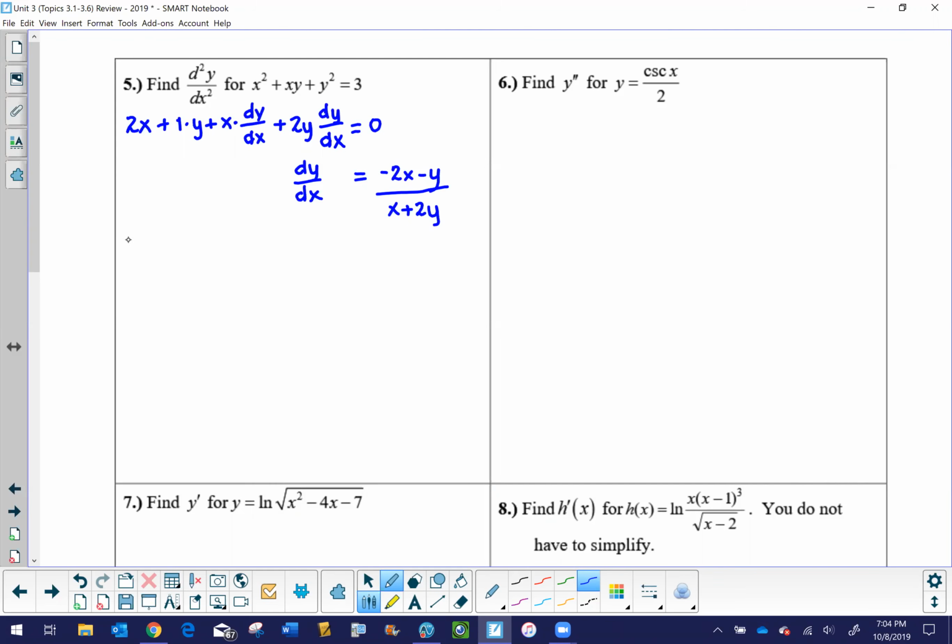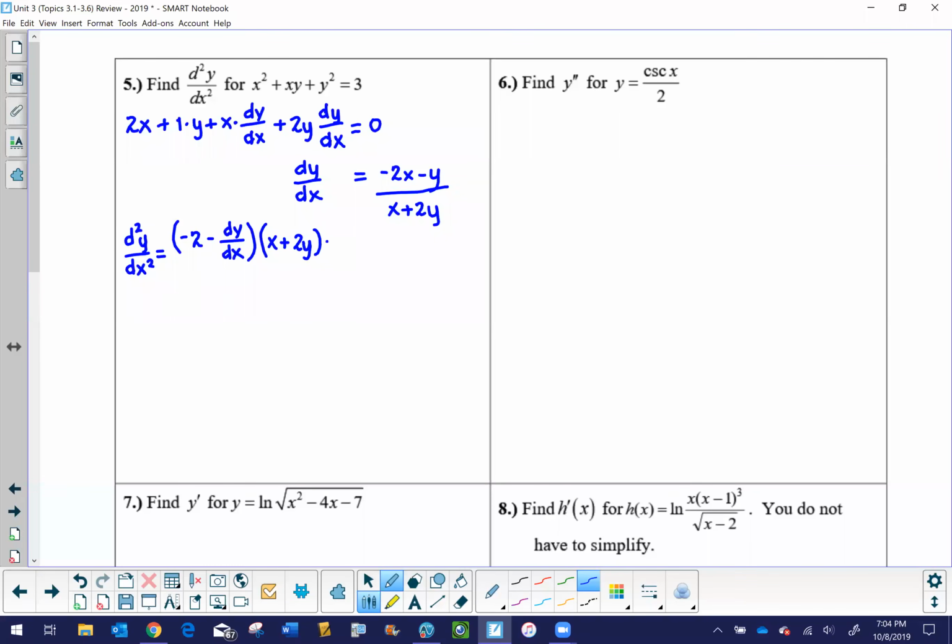So at this stage, we are ready to take derivative number 2. And the notation looks like this. And it hopefully goes without saying, when you look at this thing, that the quotient rule is on the mind a little bit, right? That's going to require a quotient rule. So we take the derivative of the top, which is -2 minus dy over dx. So there's the derivative of the numerator. That will now be multiplied by the denominator.